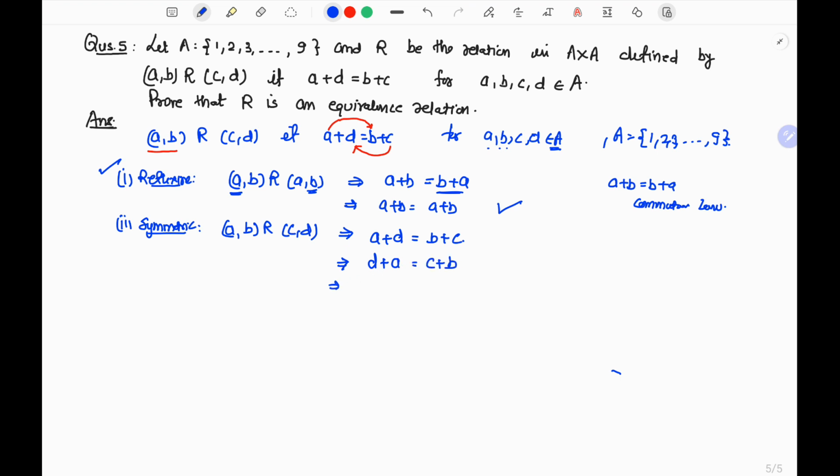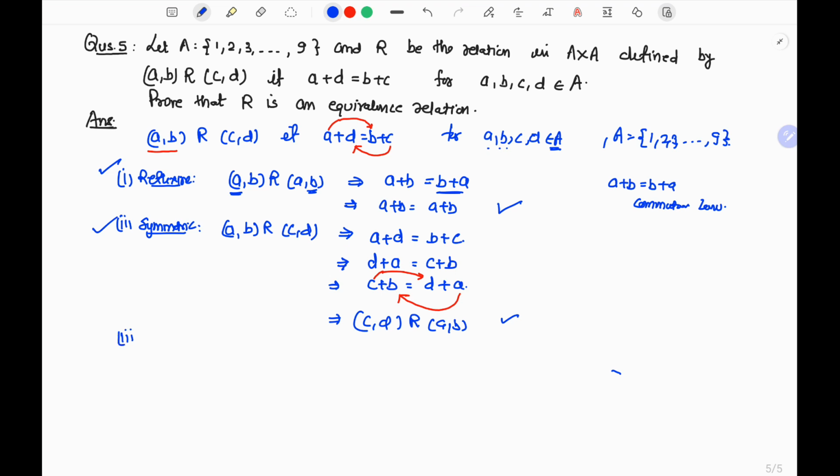Because left hand side is equal to right hand side, we can also write it as c plus b equal to d plus a. Now, c is the X element and d is the Y element of the first ordered pair, and a is the X element and b is the Y element of the second ordered pair. Therefore, we can write that (c, d) is related with (a, b). Hence, the relation is symmetric.